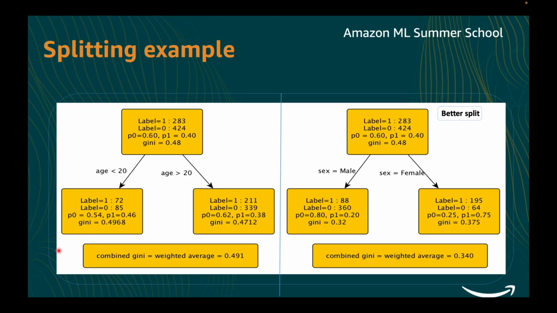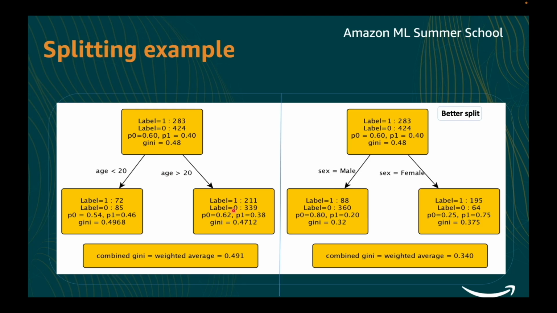Over here, we've used the Gini impurity criteria, and we'll explain what Gini impurity is in the next slide. But you can see that the Gini impurity of this node, where age is less than 20, is 0.49. The one of this node, which is age greater than 20, is 0.47. And the weighted average of these, where you take the weights as the fraction of the total falling into each node. So it's basically 72 plus 85 divided by the total, right?